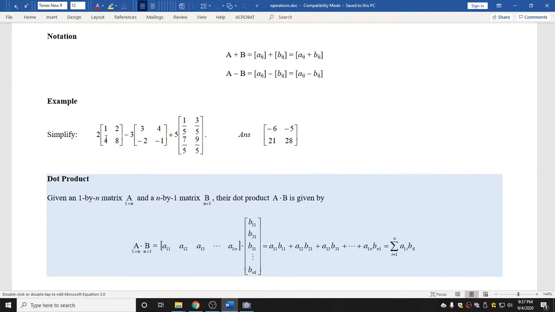Simplify 2 times the matrix 1, 2, 4, 8, minus 3 times the matrix 3, 4, negative 2, negative 1, plus 5 times the matrix 1/5, 3/5 in the first row, and then 7/5, 9/5 in the second row.